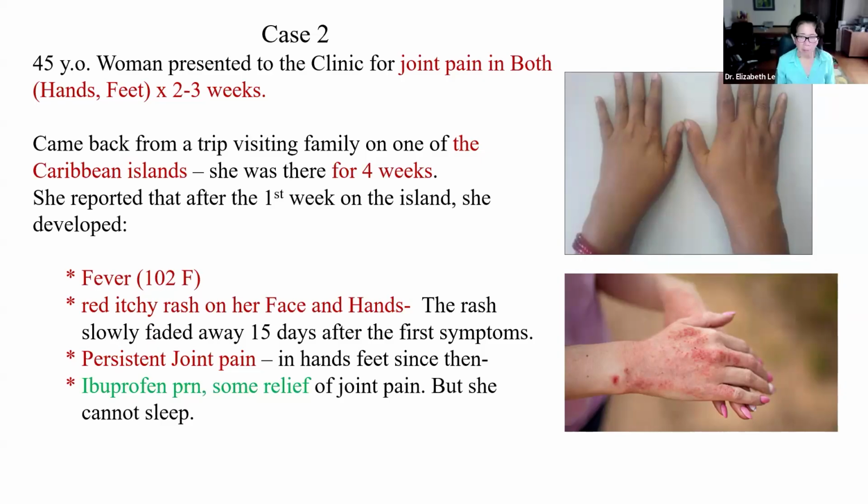But now she has persistent joint pain in the hands and feet since then. And the hands are swollen along the MCP. You see the wrists are slightly, and the PIP right here. Now she's been taking ibuprofen as needed, gave her some relief for joint pain, but she cannot sleep. Next slide.